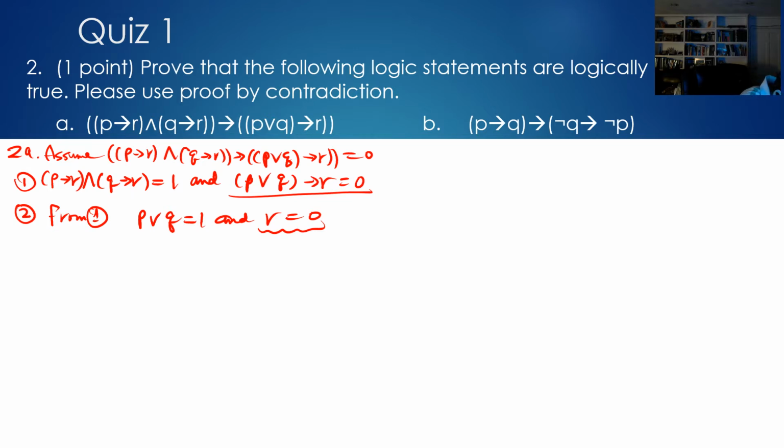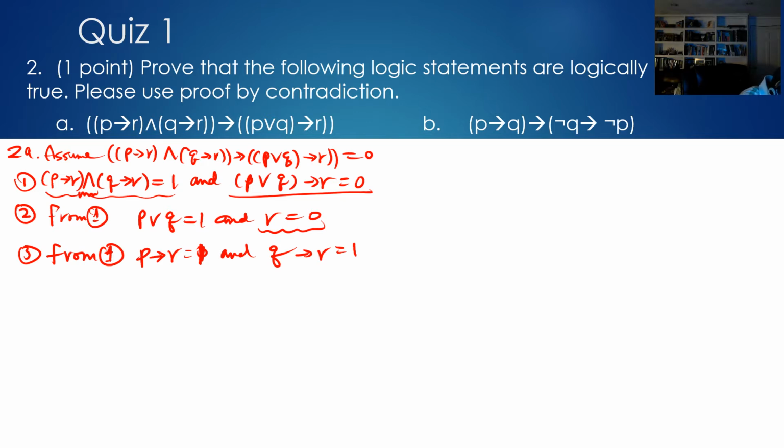And then also from 1, the first part, we got P implies R and Q implies R is 1. So that's a conjunction, right? If it is 1, that means both operands must be 1. So P implies R equals 1, and Q implies R equals 1. I'm sorry, this is 3.